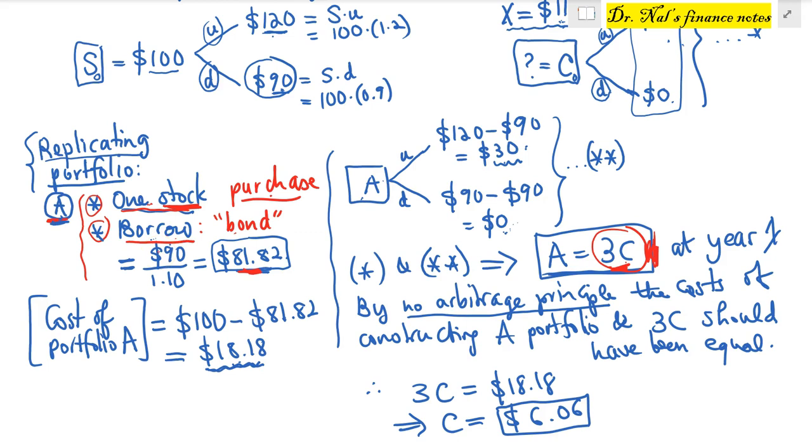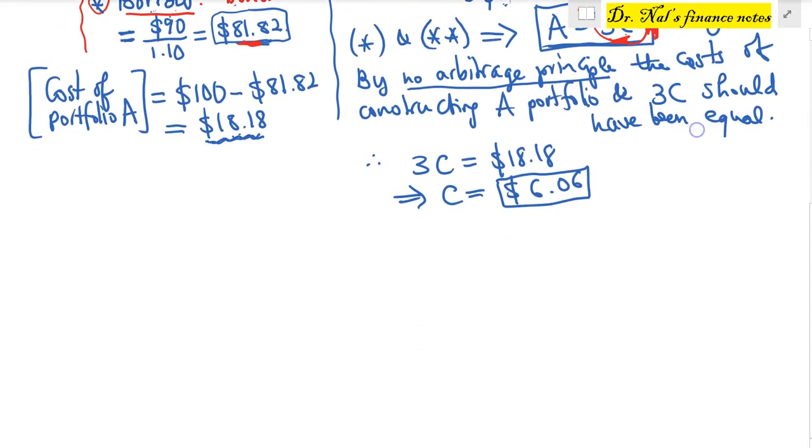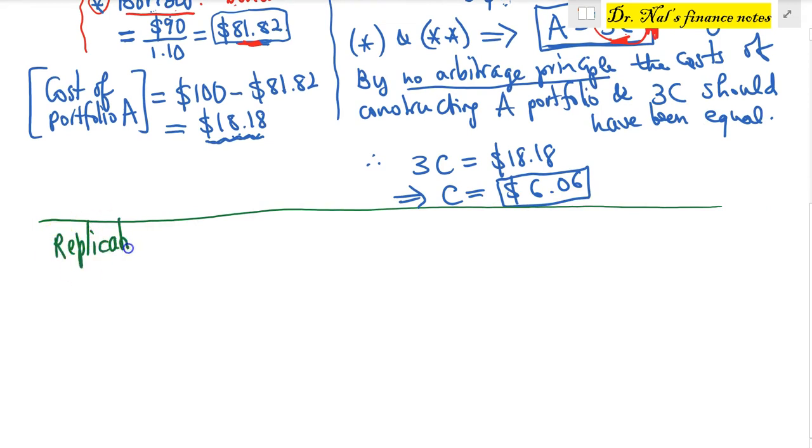So here's an alternative solution. Let's scroll down, let's draw my line, replicating portfolio B. In this case, I'm not going to replicate the call option directly.